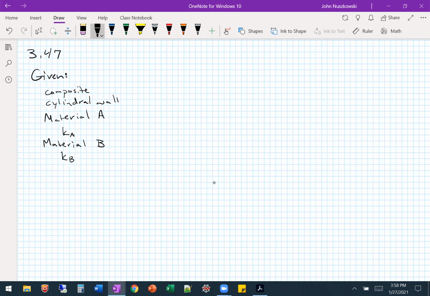And they're separated by a very thin electrical resistance heater. And they tell us the interfacial contact resistances are negligible. We'll put that in our assumptions. And it's a steady state, and then everything else is really in our schematic.